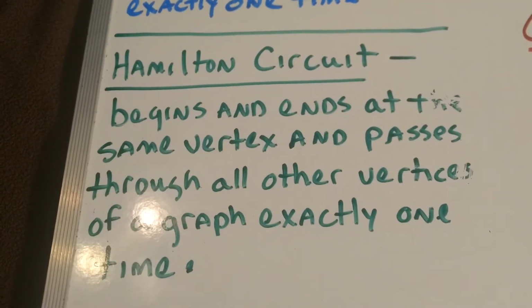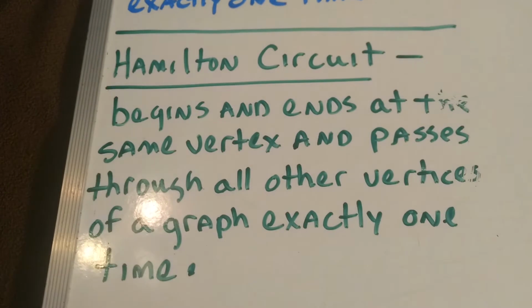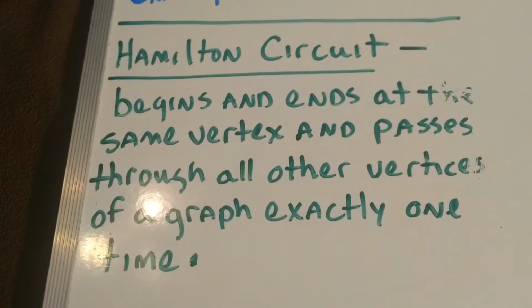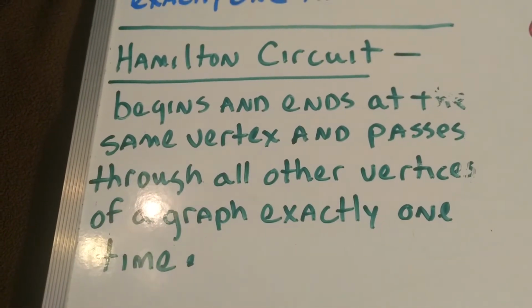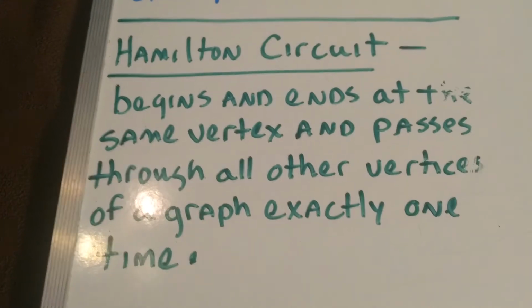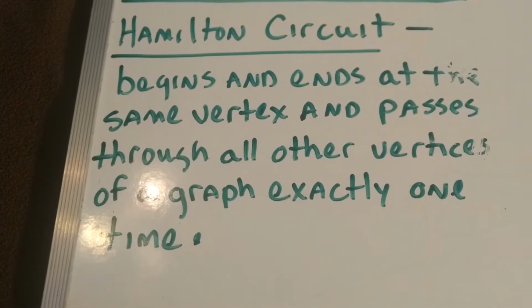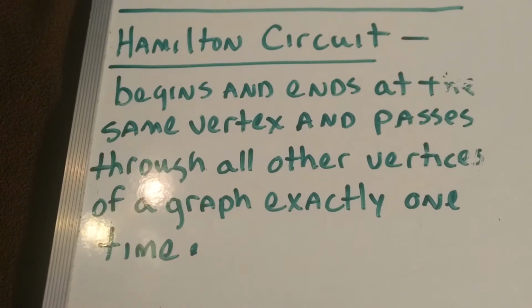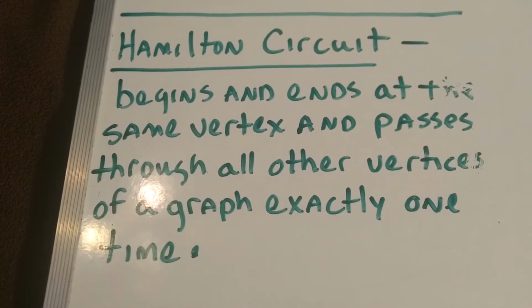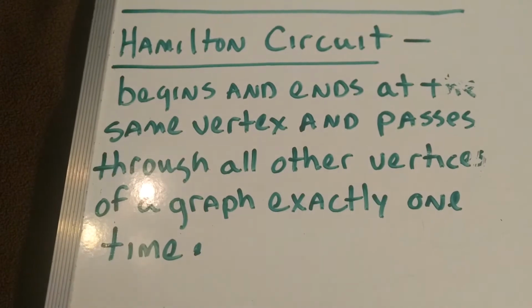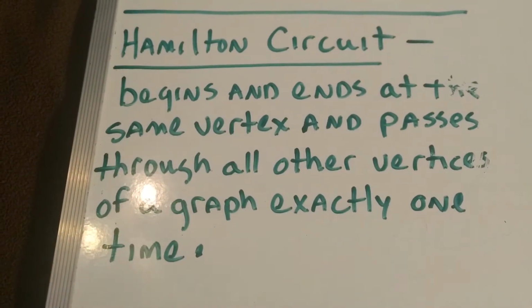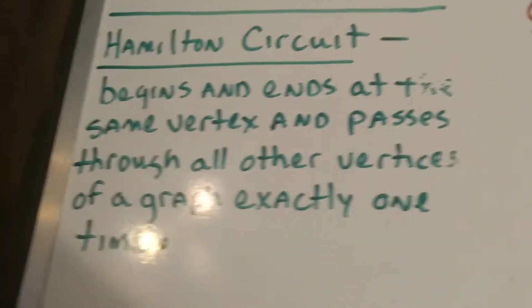A Hamilton circuit means that you need to pass through each vertex one time. That means you don't have to use all the edges. You don't have to use all the paths. In Euler's circuit, not only did you use all the vertices, but you used all the edges. Hamilton, you do not have to use all the edges.